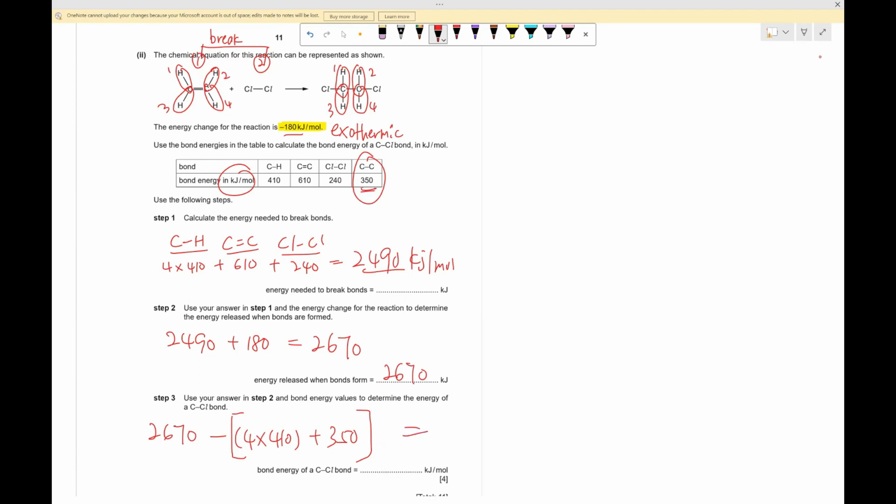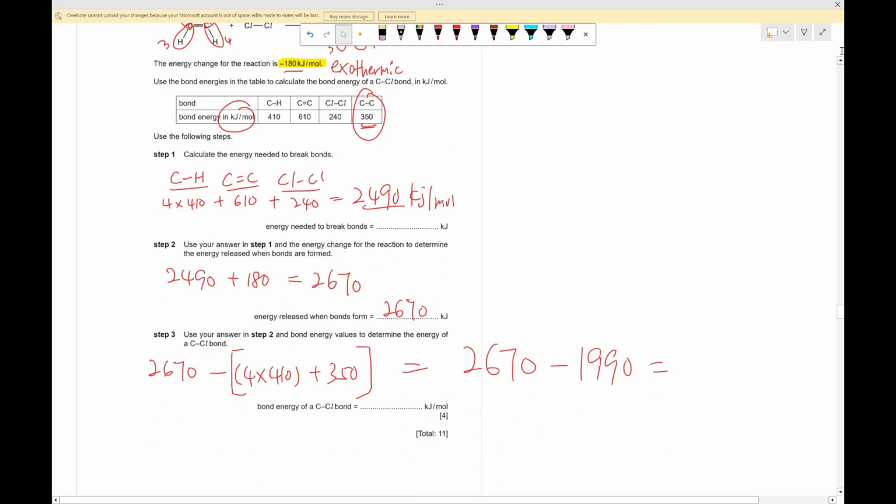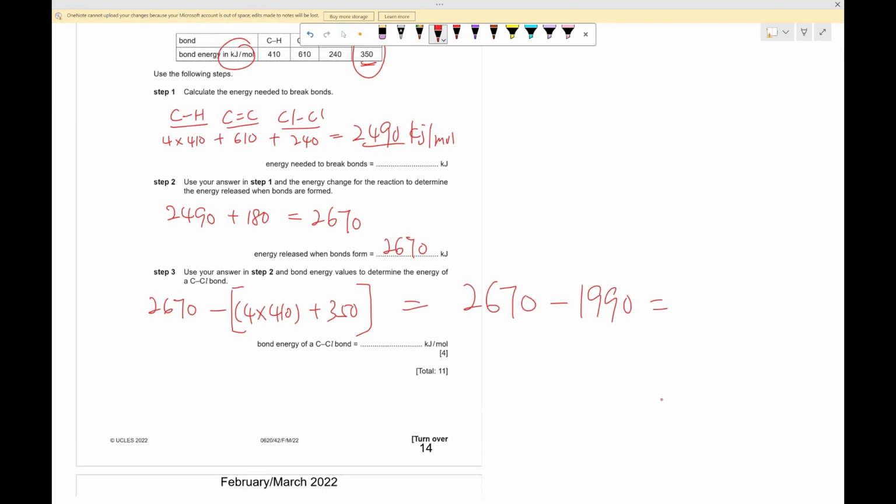So we calculate first: 4 times 410 plus 350 will be equal to 1,990. Then 2,670 minus 1,990 is equal to 680, right? This one is in kilojoules per mole.